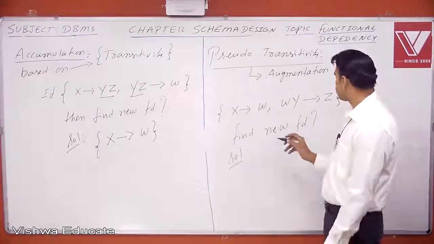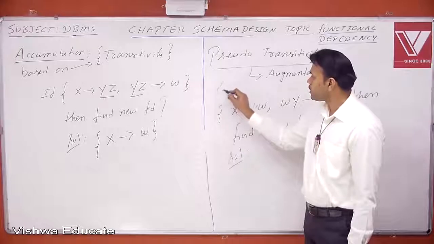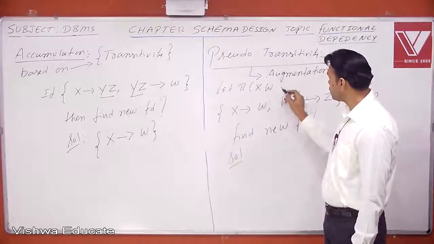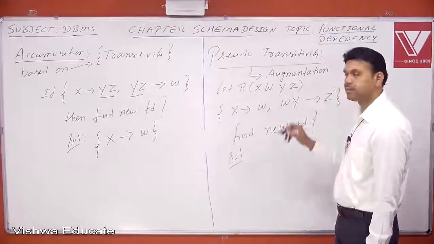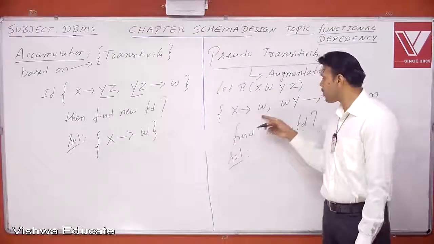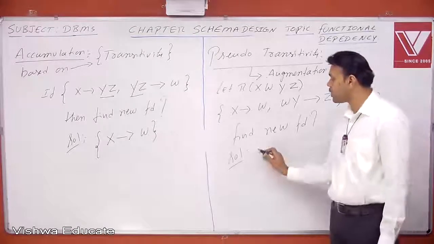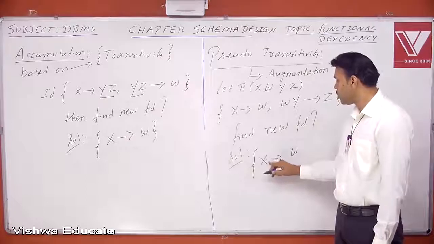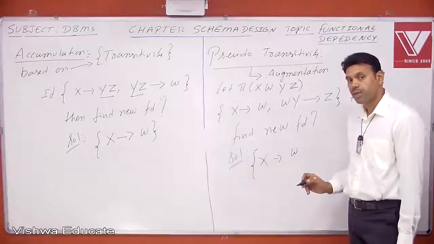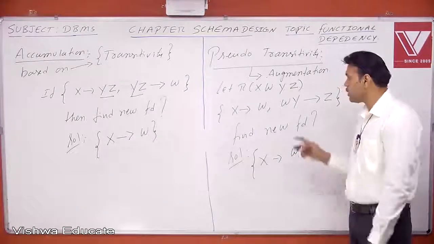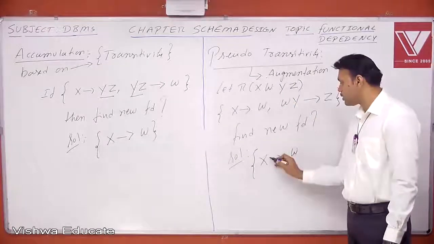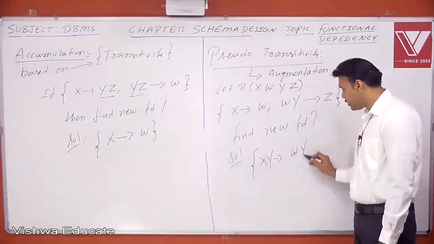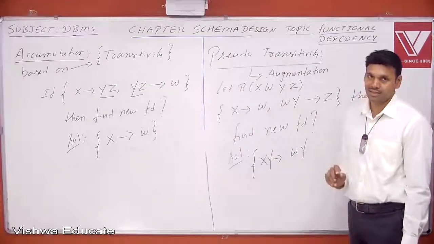Now you see, let R have x, w, y, z, and this production is given to you. Now what I can write is x tends to w. What can I attach? If I attach y to the left hand side, I can attach y to the right hand side.